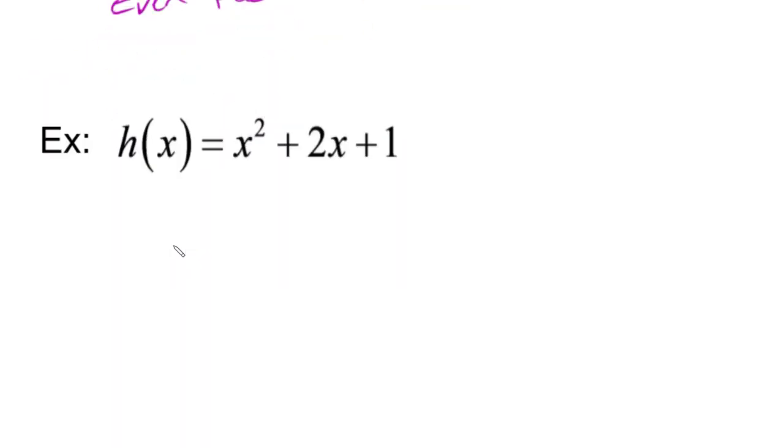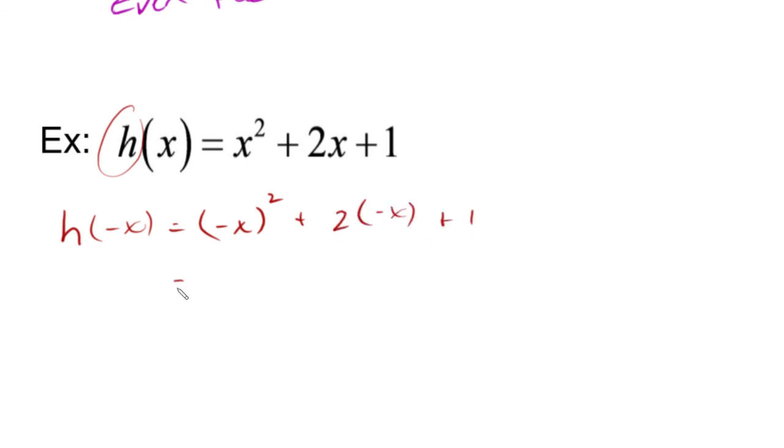Now this one here is the last one we're doing, and this is wrapping it up. So here, let's look at h of negative x, because this is called h, not f. And that is negative x squared, quantity squared, plus 2 times negative x plus 1. Well, this is x squared minus 2x plus 1. Now compare.